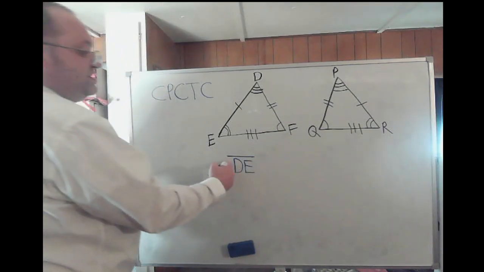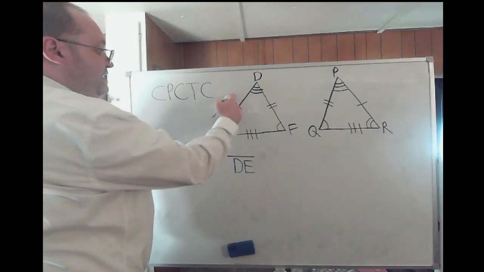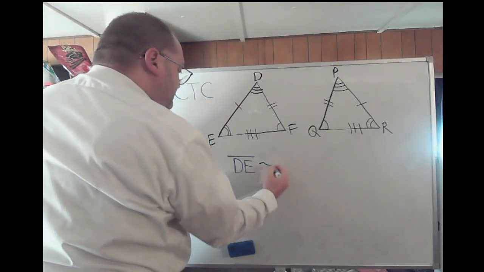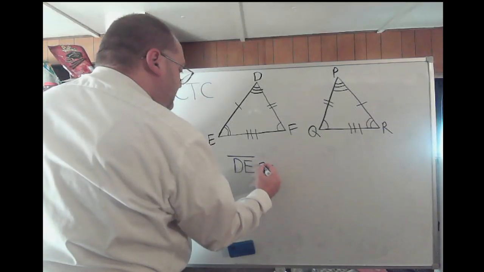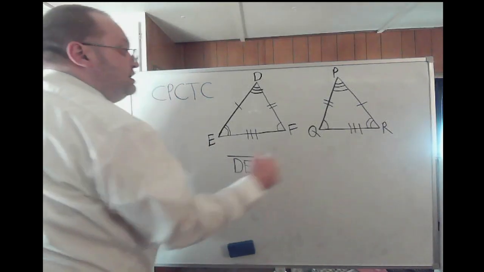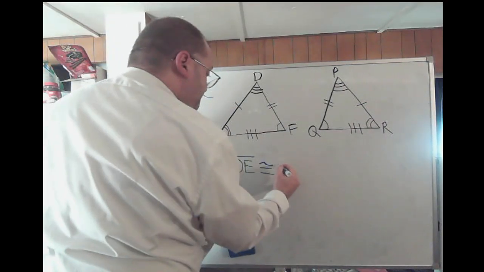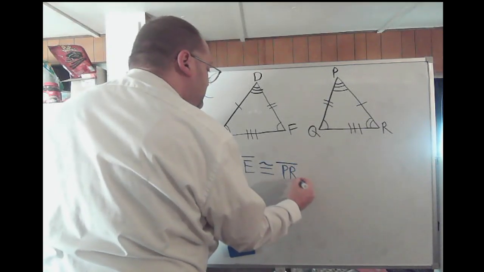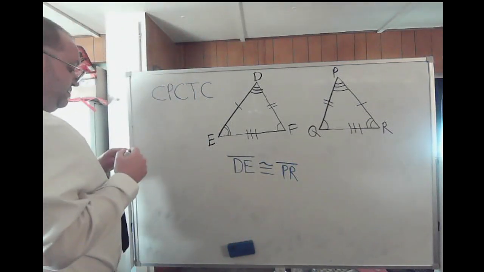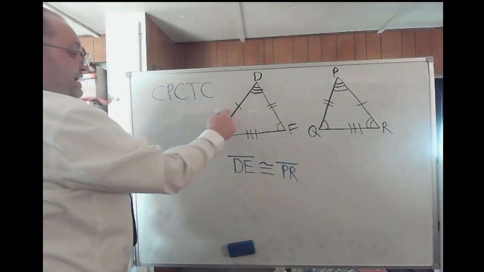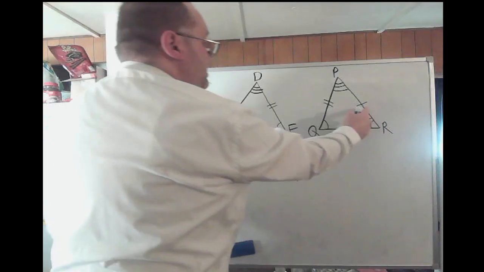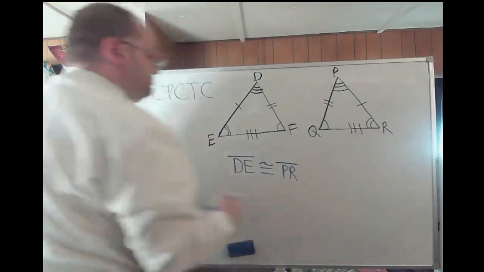This line above it stands for line segment DE because this is a line segment from D to E. That is congruent to line segment PR on the right triangle. So as you see, line segment DE on the first triangle, the left one, is congruent to line segment PR because they both have the 1 tick mark.